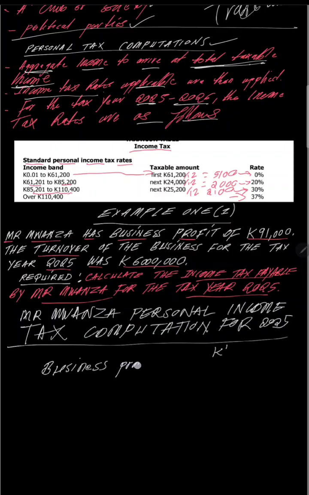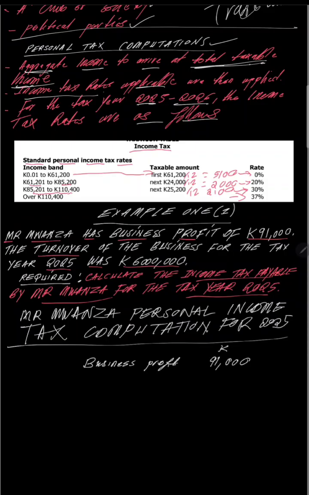In this case we only have business profit as our income. So our business profit is 91,000. How do we calculate the income tax payable by Mr.